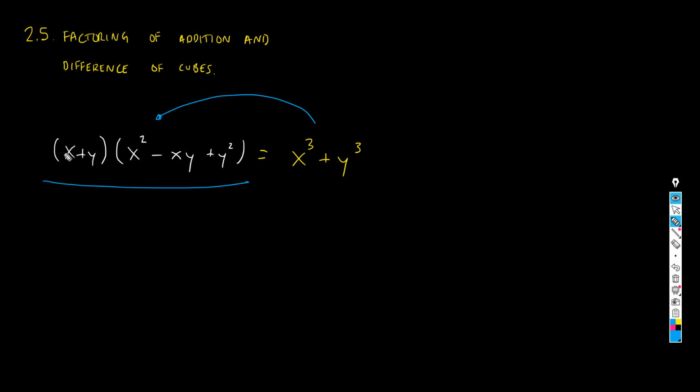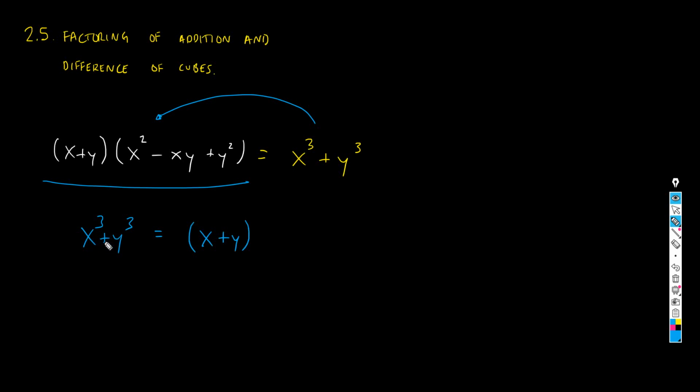Okay. Again, what is the correct way to read it? Let me write it down backwards. The addition of cubes is equal to the sum of the two numbers. Okay. Let's read it this way.